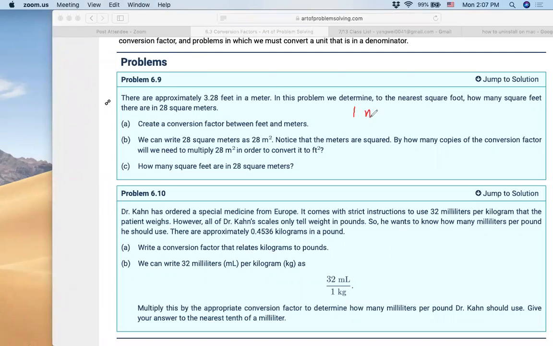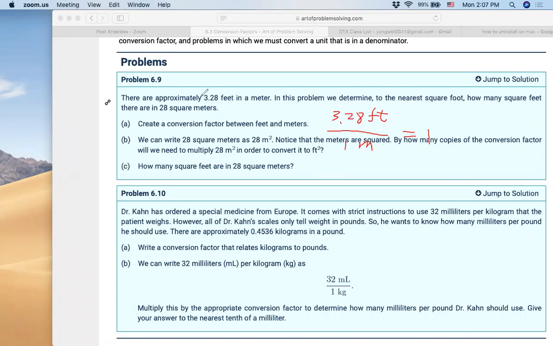If you try to convert meters to feet, you can write it this way: 3.28 feet over 1 meter, right? This equals 1, right? By this way, you can convert meters to feet.